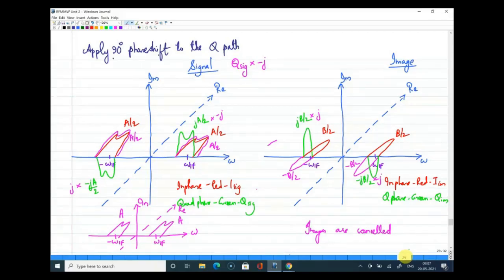Because we know that the images will be cancelled out completely only if the amplitude and phase on one arm are exactly equal and opposite to the signal coming on the other arm. So the upper arm image signal and the lower arm image signal should have equal amplitude and opposite phase, and that should happen exactly; only then can we say the image will be equal to 0.